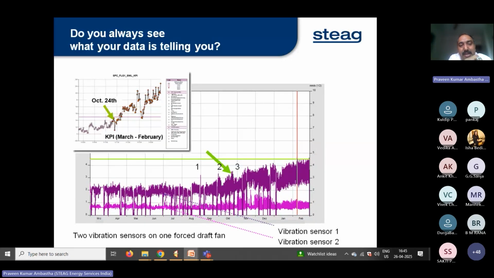Here is the catch from SPC, that well before the fault, by October 24th, here the data is from March to February, and my predictive analysis tool from artificial intelligence, from the neural network model, we are able to find out my fault on 24th of October, well before my fault.